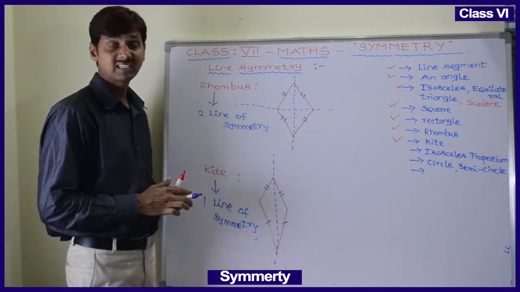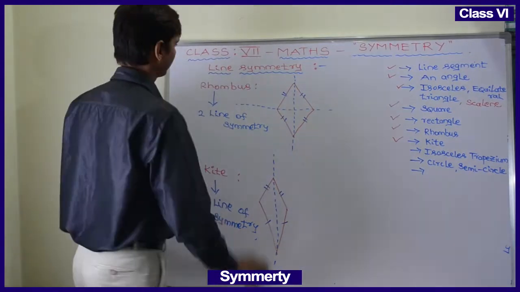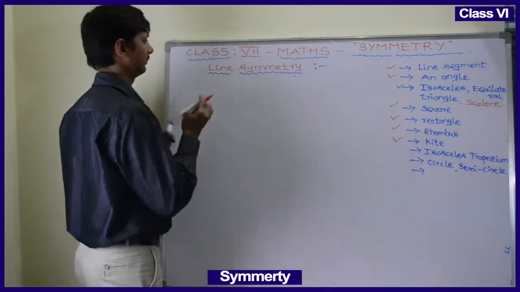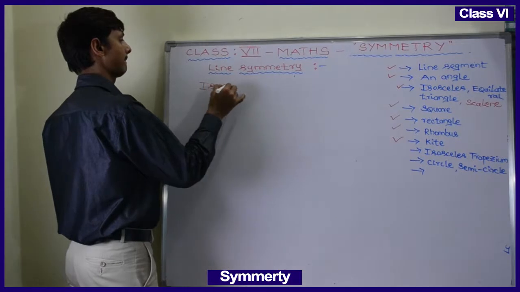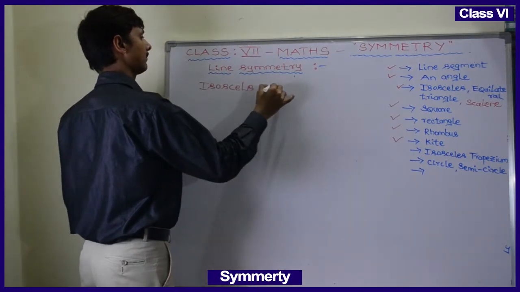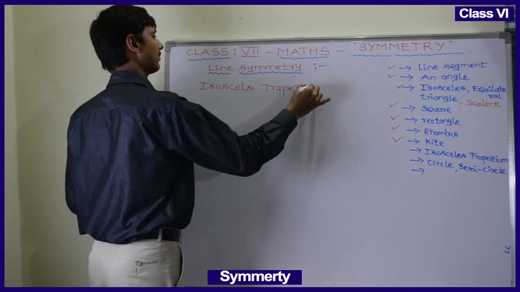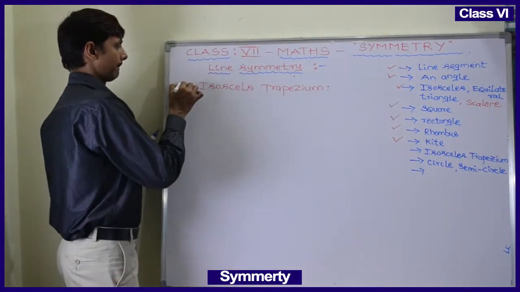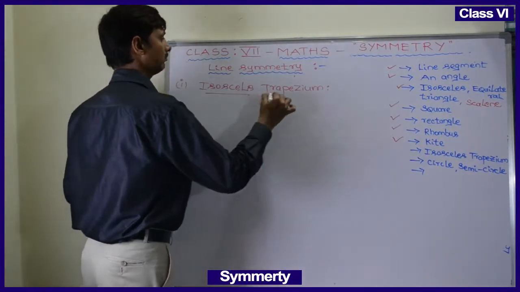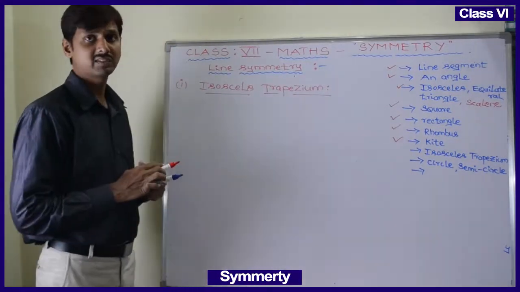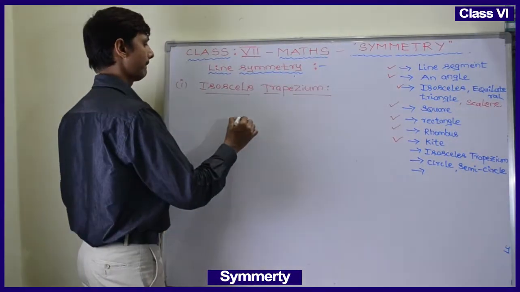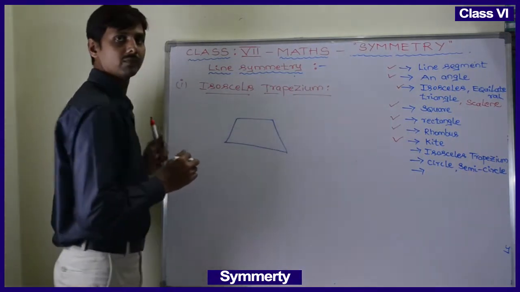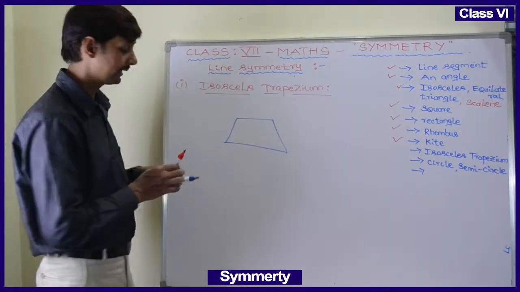So let's go to the next concept, that is isosceles trapezium. An isosceles trapezium is one in which the non-parallel sides of the trapezium are equal.